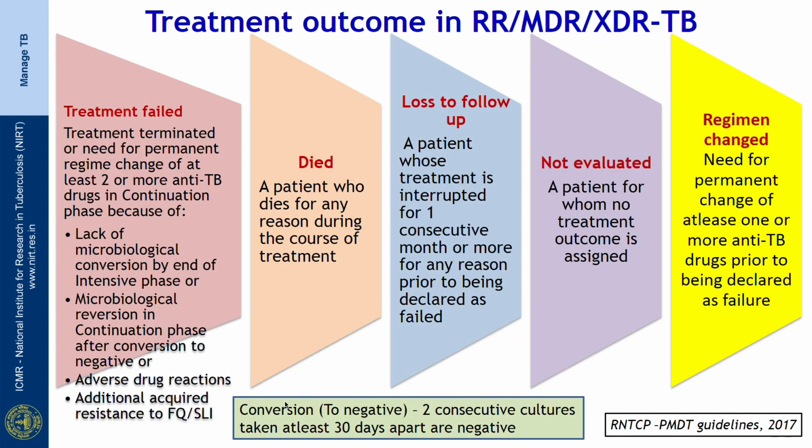What are the unfavorable treatment outcomes in case of drug resistant tuberculosis? A patient is considered treatment failed if the treatment is terminated or there is need for permanent regimen change of at least 2 or more anti-TB drugs in continuation phase because of lack of microbiological conversion by the end of intensive phase, or microbiological reversion in continuation phase after conversion to negative, or adverse drug reactions, or additional acquired resistance to fluoroquinolone or second line injectable.